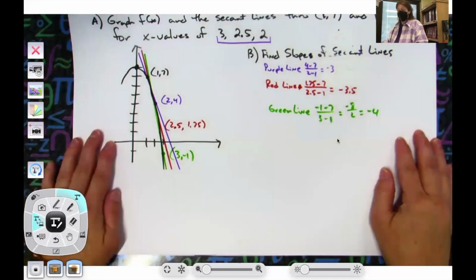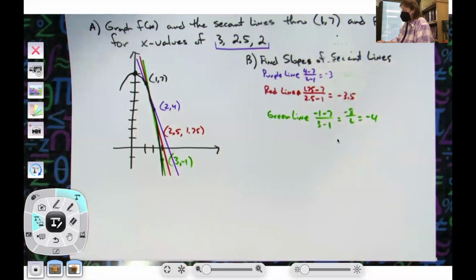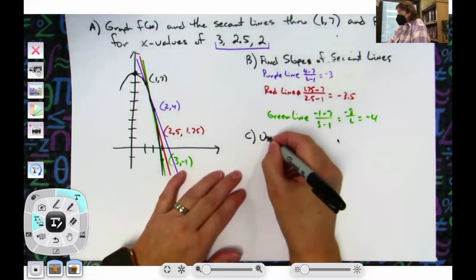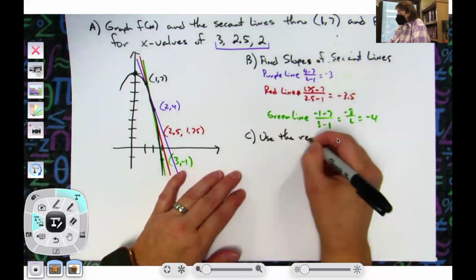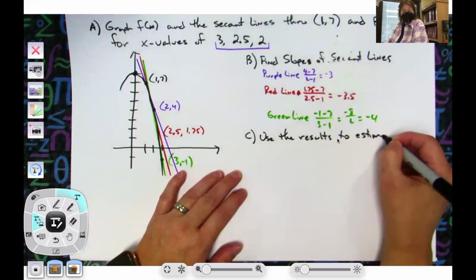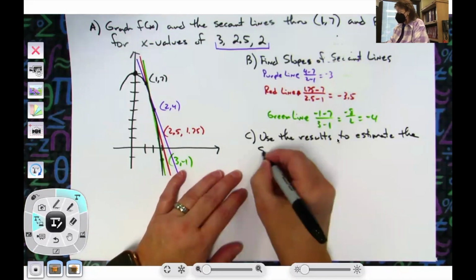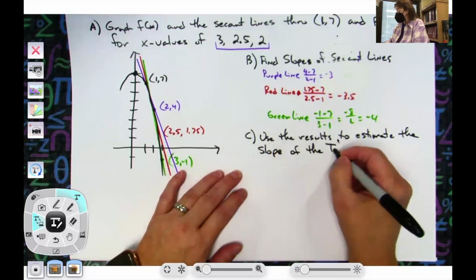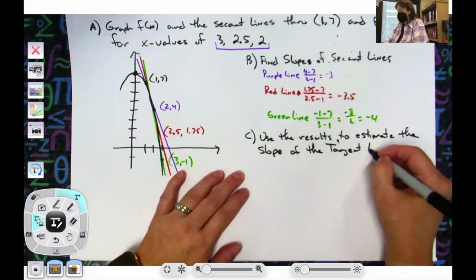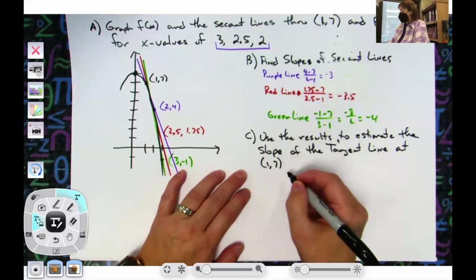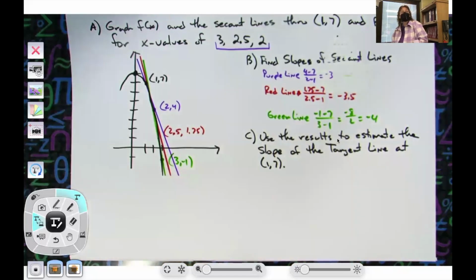Now part C is then going to ask you to use the results to estimate the slope of the tangent line at 1.7.